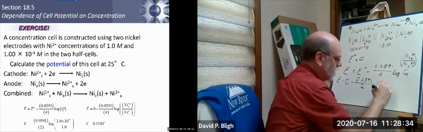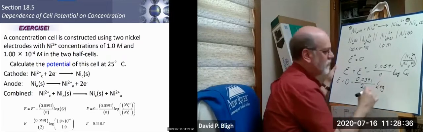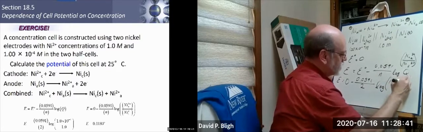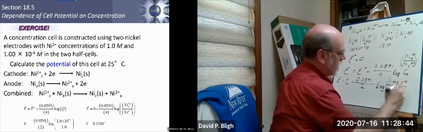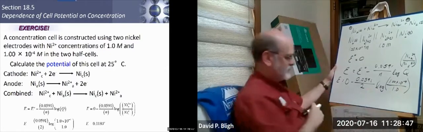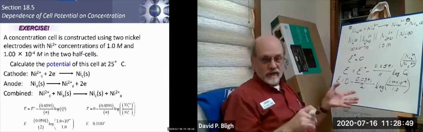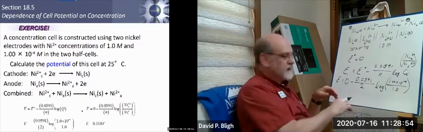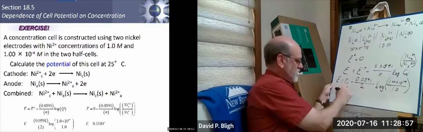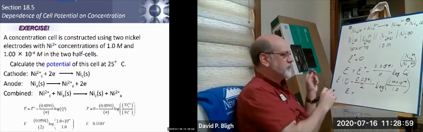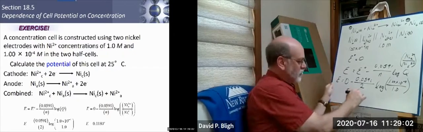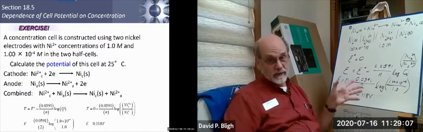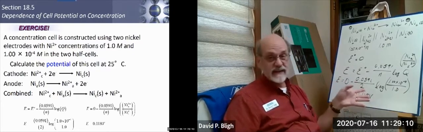And the common log of 1 times 10 to the minus 4 divided by 1. There we go. And if we resolve that, as I've done in the slide, then the electrical potential for this concentration cell is 0.118 volts. Right? So it's still kind of low. I mean, less than about 1/10 of a volt.